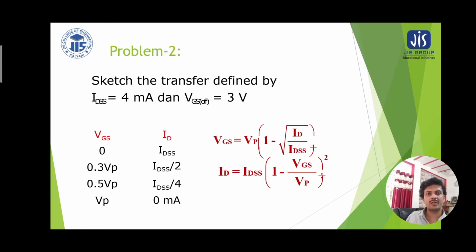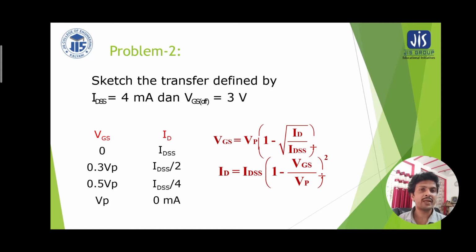If we look at the second problem, it asks to sketch the transfer characteristics defined by IDSS equal to 4 milliampere and VGS off equal to 3 volt. This is a shift to new numerical values of VGS off and IDSS. Is it similar to the earlier case? No, it is not similar, because here VGS off is 3 volt and it is positive.